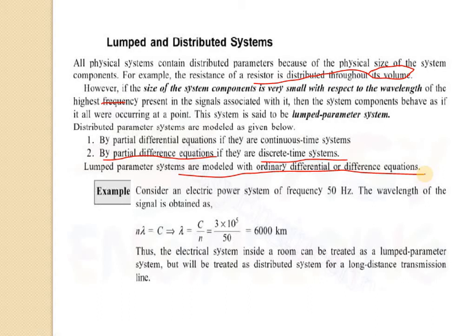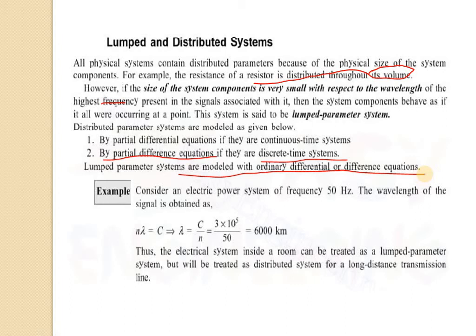Consider an electric power system of frequency 50 Hz. The wavelength of the signal is obtained as f lambda equals c, where lambda equals c divided by f. That means 3 into 10 to the power 5 divided by 50, so it will be 6000 km.